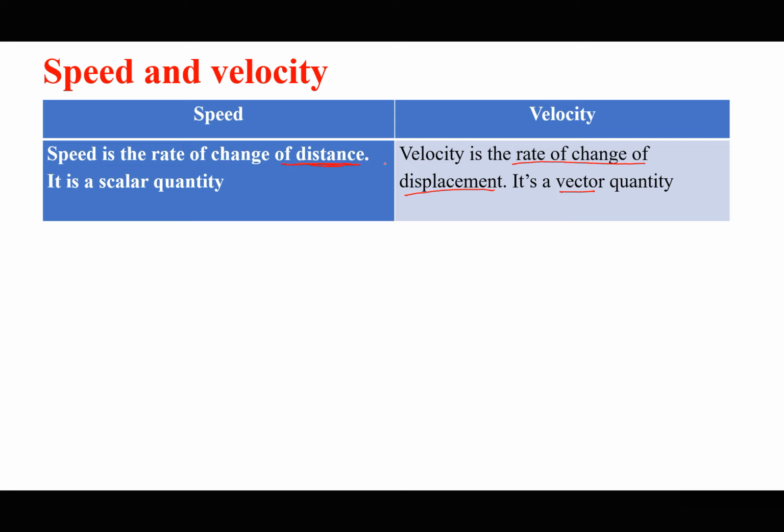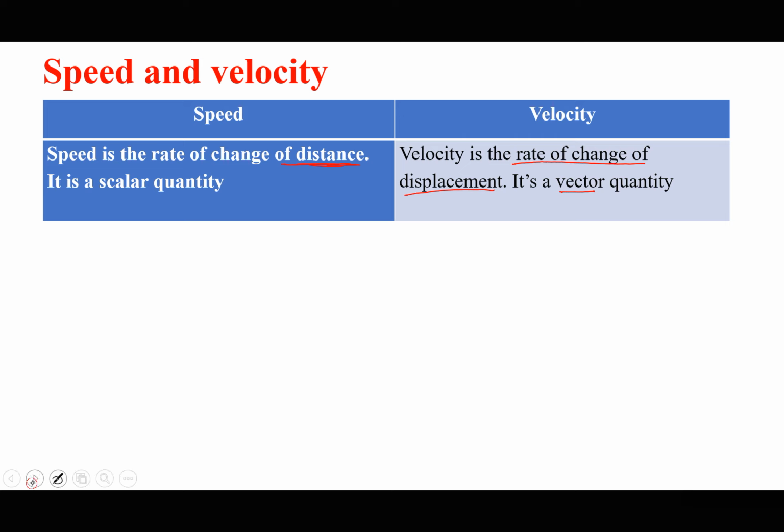In calculating speed, we consider the distance. In calculating velocity, we must be very specific and use the displacement. However, if there is no change in direction, distance and displacement are the same. Therefore, the velocity and the speed will also be the same.